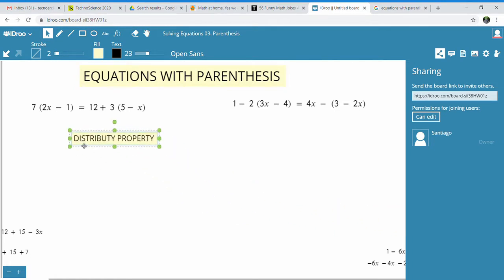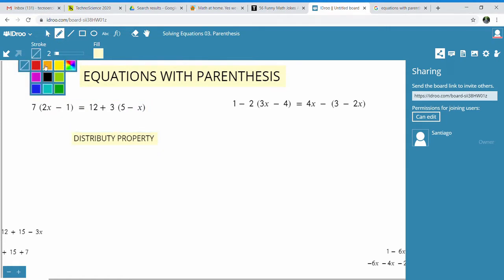So we are going to apply the distributive property because you know that 7 is multiplying, even if there is any sign between the 7 and the bracket, it's multiplying the bracket. And when you multiply 7 times the bracket, you multiply 7 times 2x, and then 7 times minus 1.